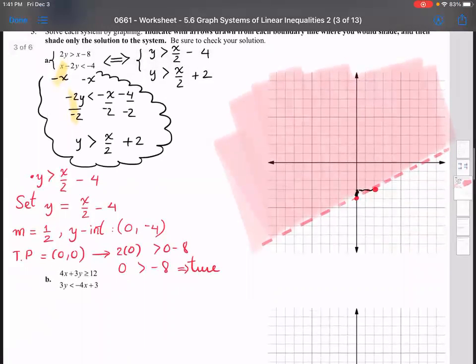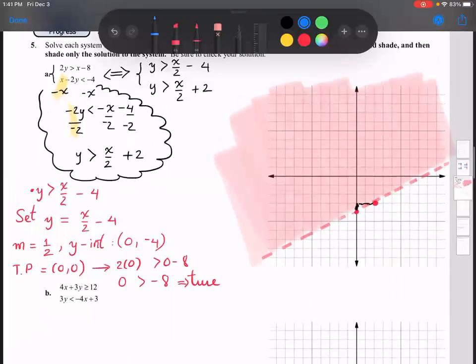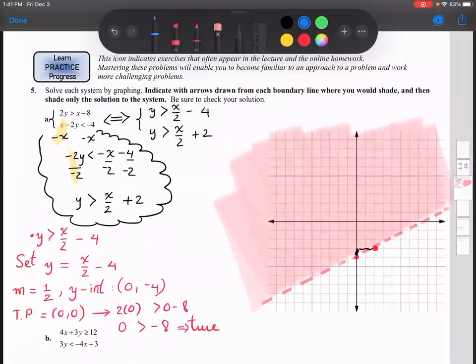Now the second one, the bottom one. I'll use blue. Again, I'm going to set y equal to x over 2 plus 2, and then you do the same thing, rise over run. So m is 1/2. What's the y-intercept here?